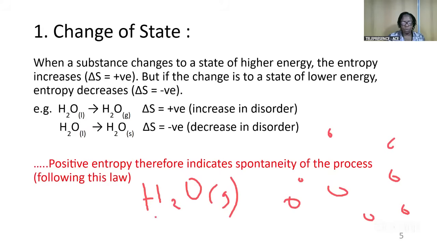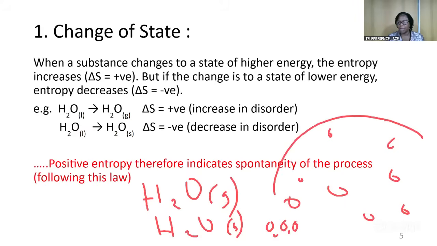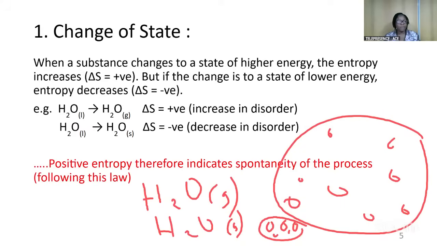But for water that flows together, the entropy will be much lesser. So the molecules in that diagram that I showed you earlier on, they are closer together. And you will agree with me that the degree of disorderliness for a system of this nature will be larger than the degree of disorderliness for the system of this nature. So the change of state from liquid to gas will give you positive entropy.